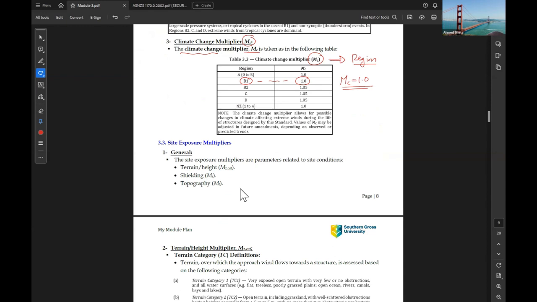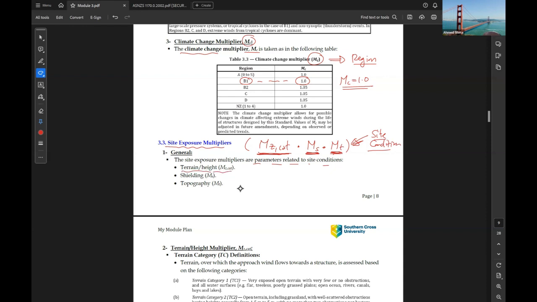The next multipliers are the site exposure multipliers, which are M_z,cat times M_s times M_t: the terrain height multiplier times the shielding multiplier times the topographic multiplier. These three site exposure multipliers are parameters related to the site condition around the building.